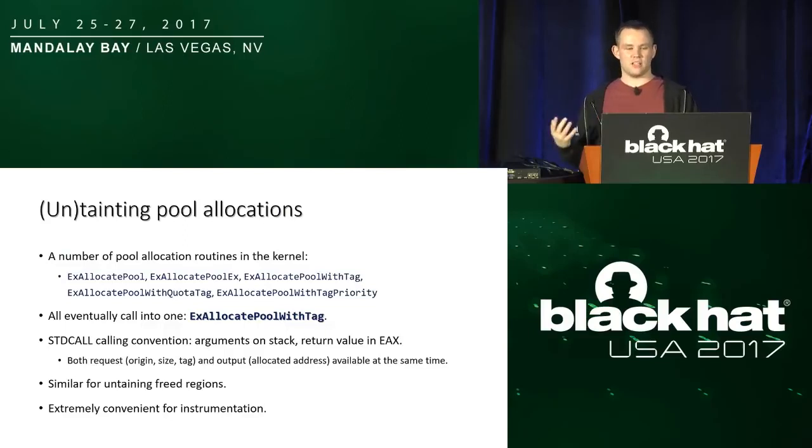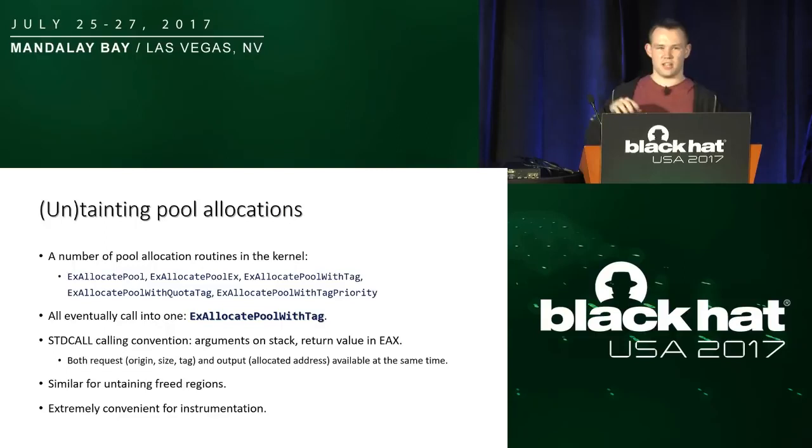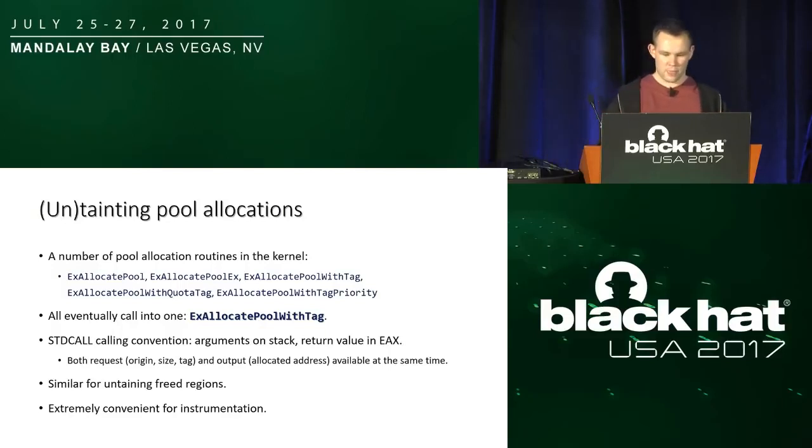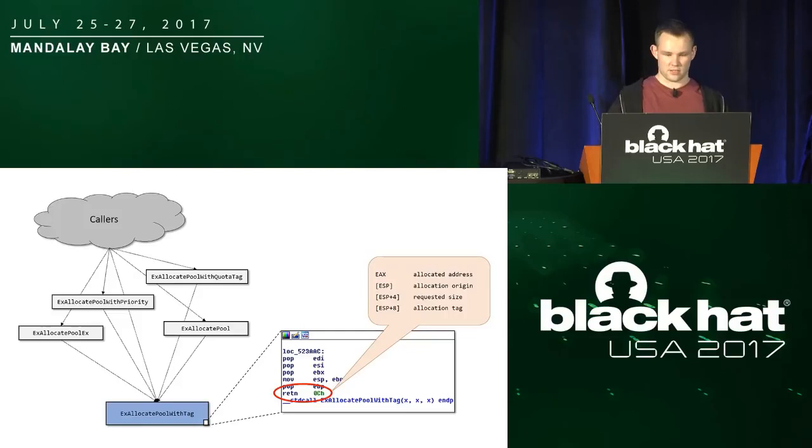And it's very convenient because it uses the stdcall calling convention, which means that we have the arguments on the stack and the return value in EAX. This means that when the ret instruction is executed in this function, we have all of the information about both the allocation request and allocation result at the same time. So this is very convenient for us.